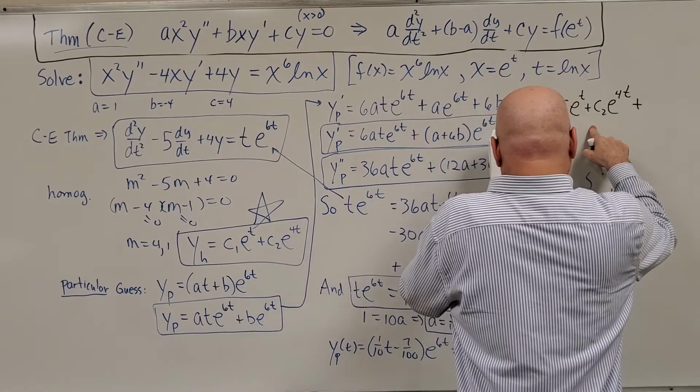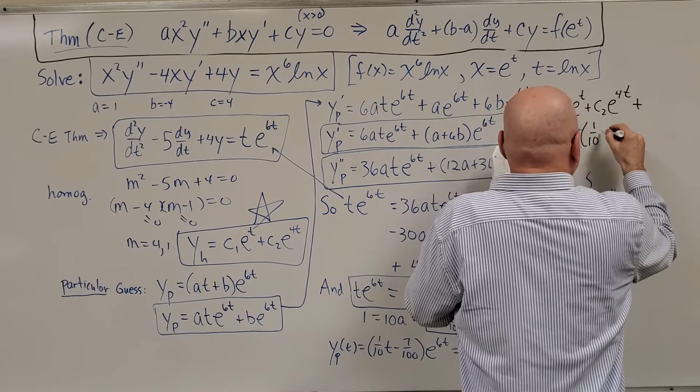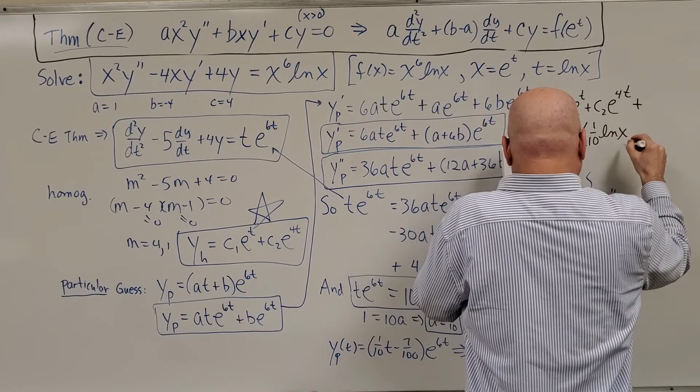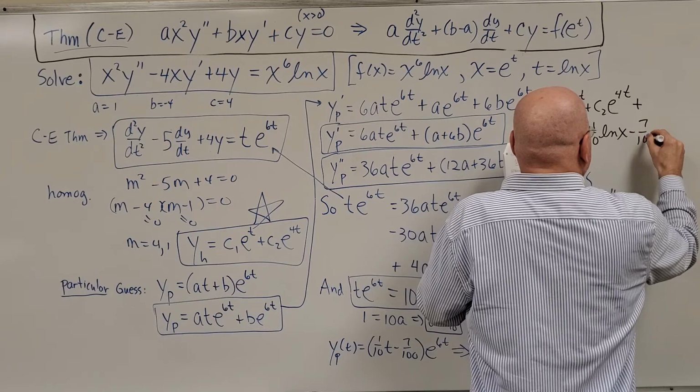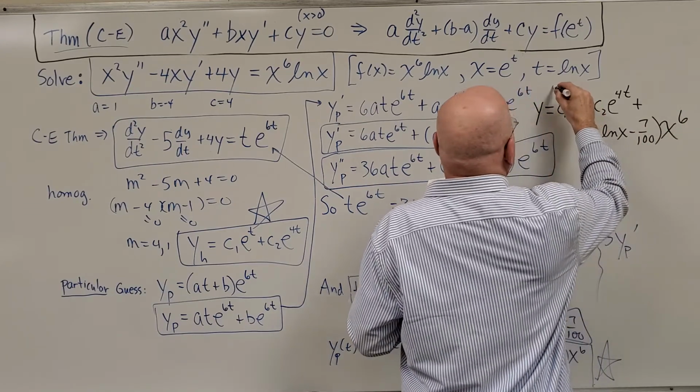I'm going to write it on the next line just to make sure it's visible. 1/10 ln x minus 7 over 100, all in parentheses, x to the 6th power.